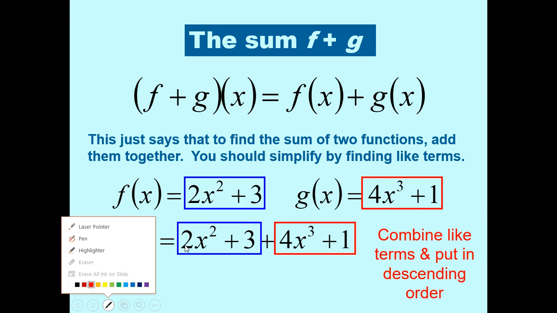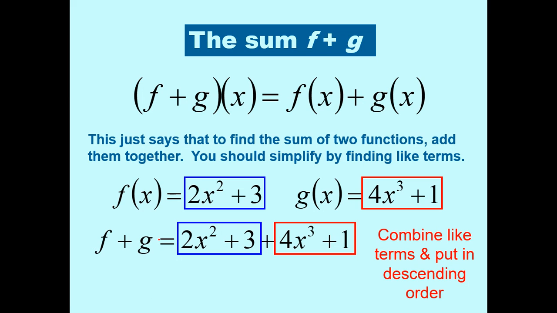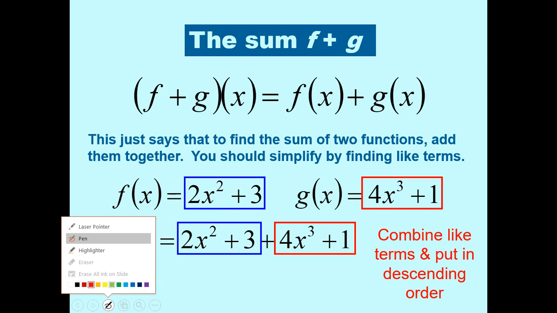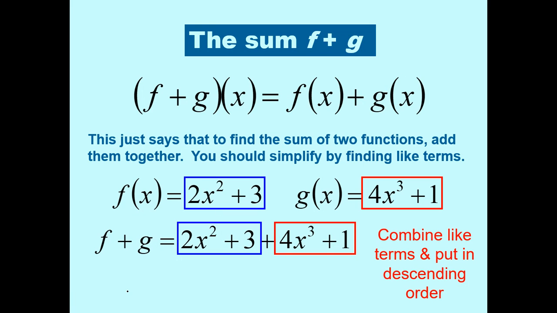Okay? So, bring down lang po natin or copyhin lang po natin si first function which is the 2x squared plus 3. And then yung pangalawang function po na 4x cubed plus 1. So, ibababa lang po natin sila. And we're just going to put the sign po na positive or the operation that we're going to use which is the addition. Okay?